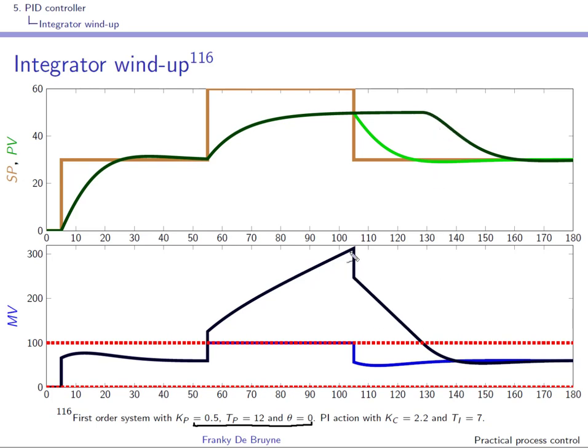But you do not have any proportional kick over here, so you'll have to count on the integral action, right, to make sure that PV goes on set point. So this is kind of a motivating example to implement mechanisms that go against integrator wind up, and this is what we'll do next.